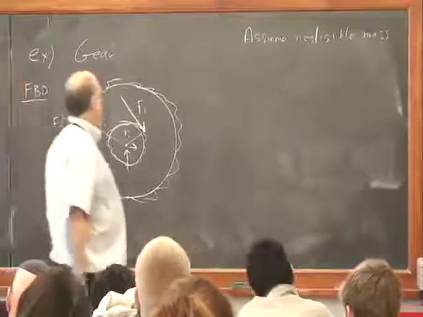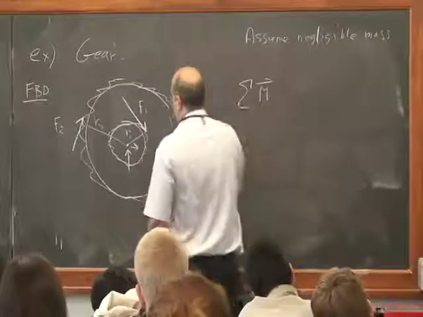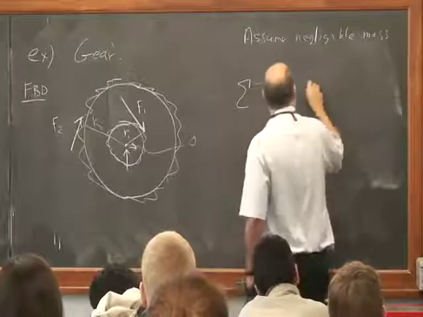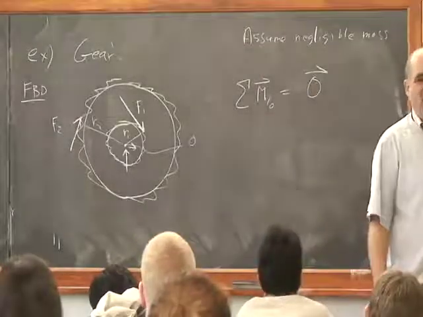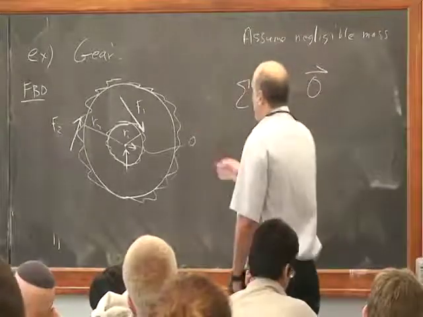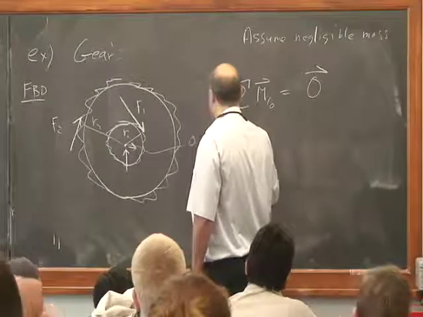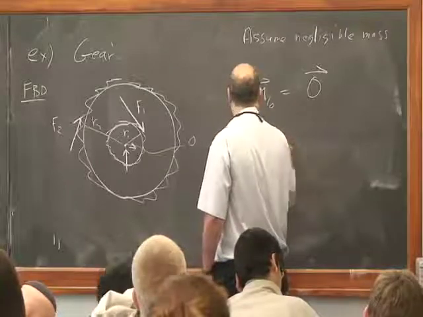So if we assume negligible mass, we have that the sum of the moments, say relative to some point here, I'll call this point O, relative to O is equal to 0. So even though the gear is moving and accelerating, you do statics with it. So what does that say in terms of this equation here? It says that F1 R1 is equal to F2 R2.